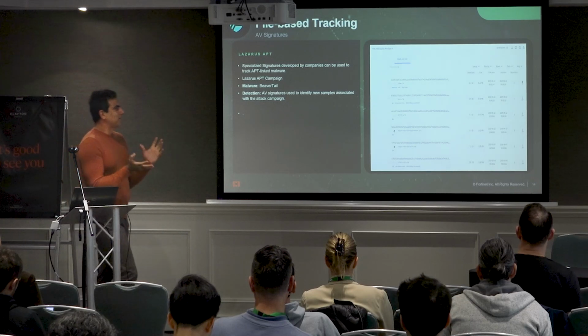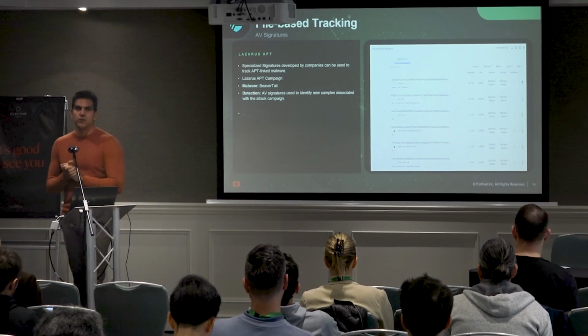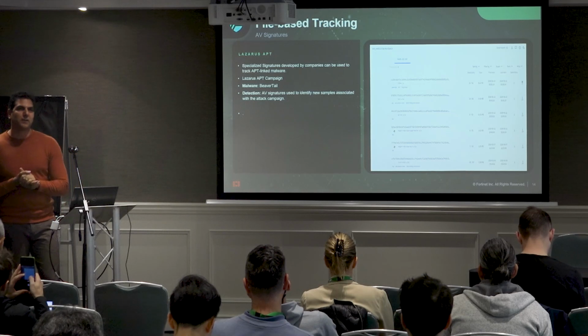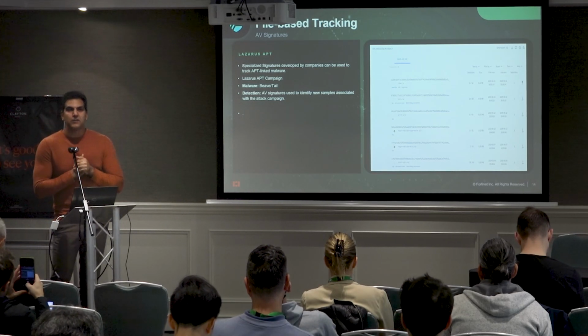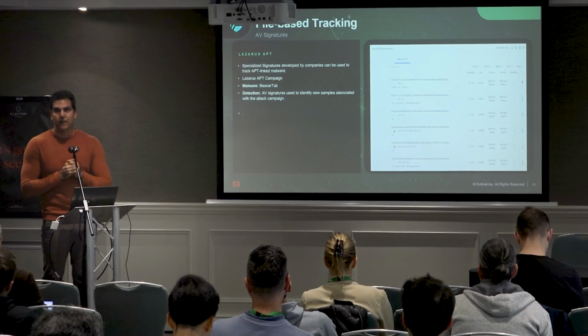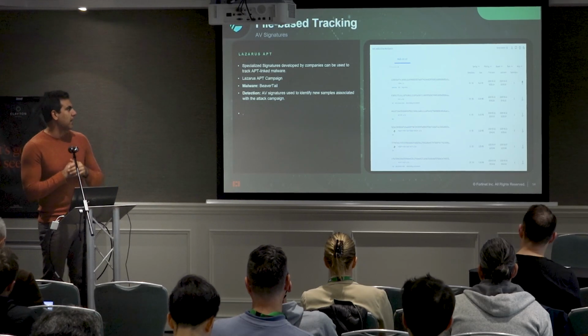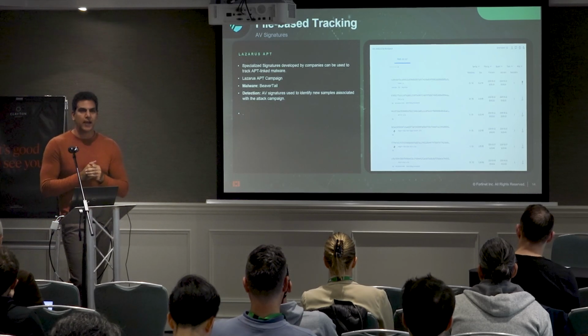One thing that is not accurate all the time, but I find sometimes very useful, is AV signatures. For those who are using VirusTotal, some AVs are really reliable at tagging samples. This is a good example of AV signatures for tracking.